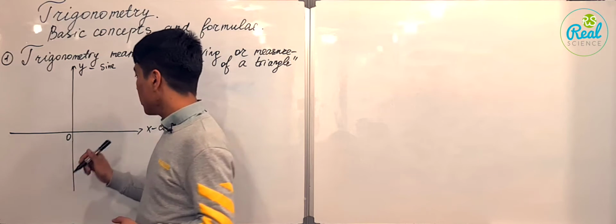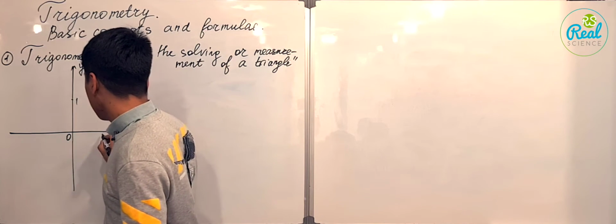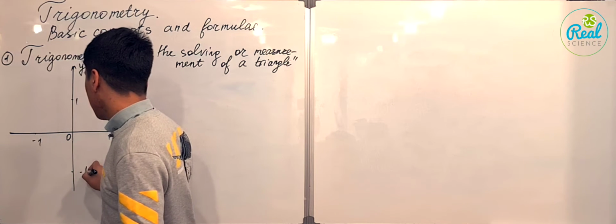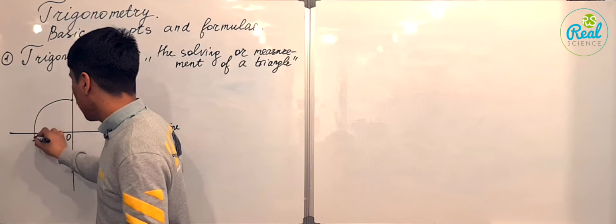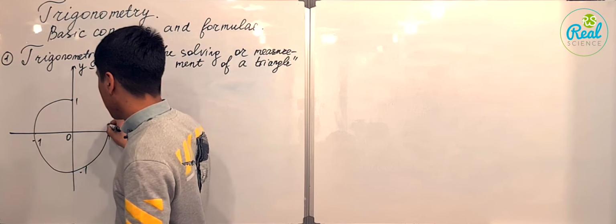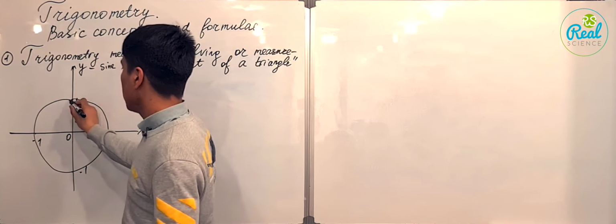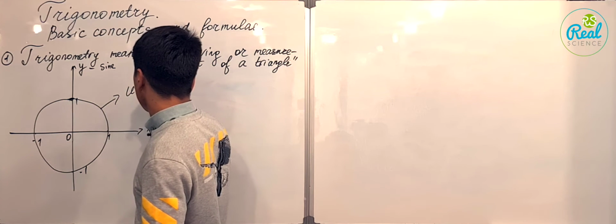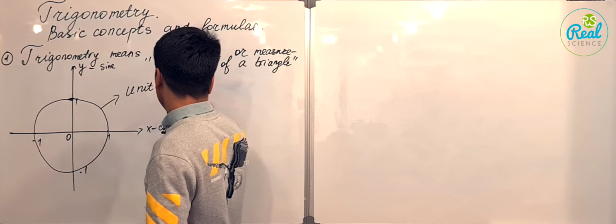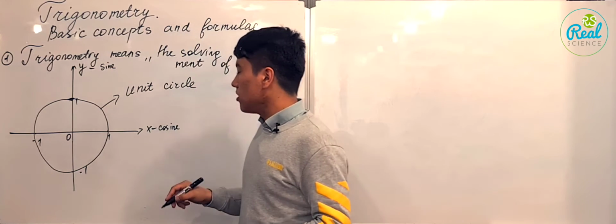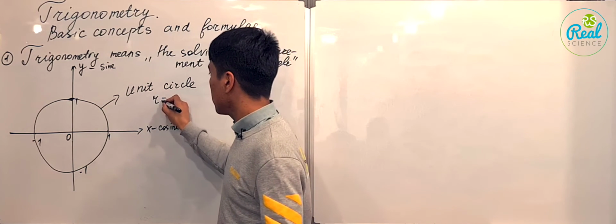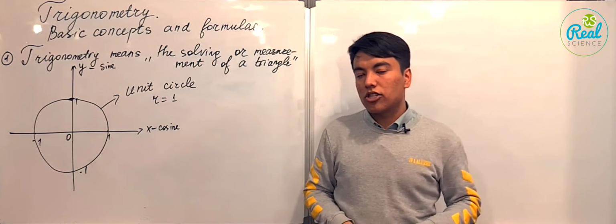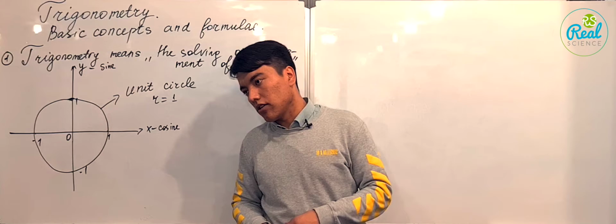Okay? So 1, 1, minus 1, minus 1. This is the unit circle. Why unit circle? Because the radius is 1. If the radius is 1, such circles are unit circles.